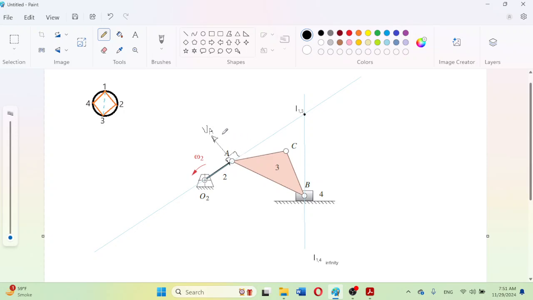So the velocity vector of point A will be determined using the properties or data of the crank.